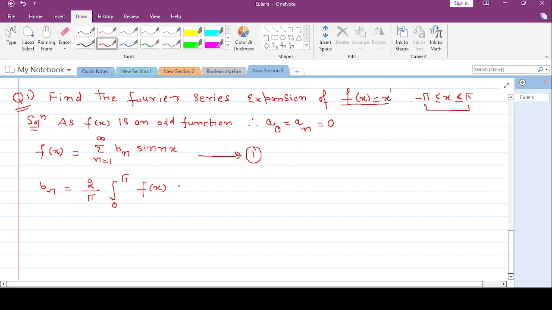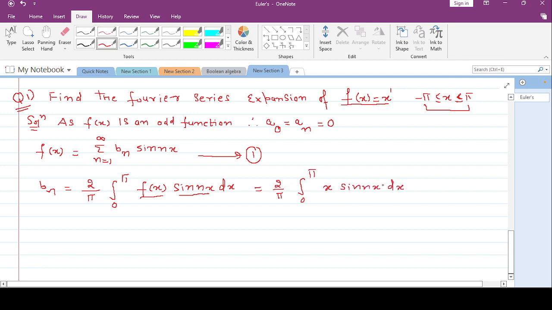Because this function is an odd function, and sin is also odd, so the product is even. So here we write 2 outside the integration sign and the lower limit becomes 0. So this is equal to 2 by pi integral 0 to pi of x into sin nx dx.